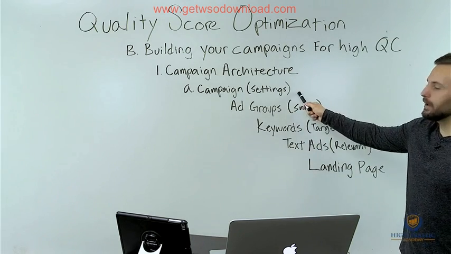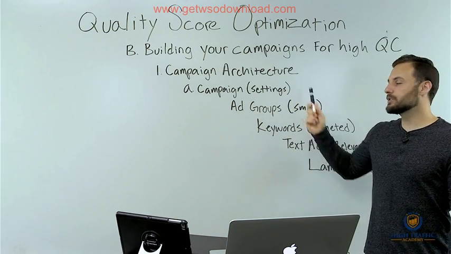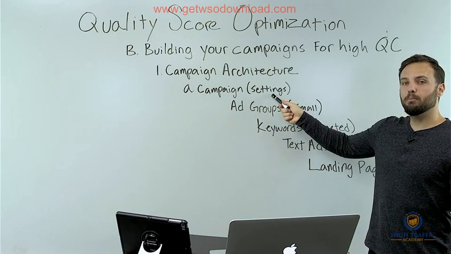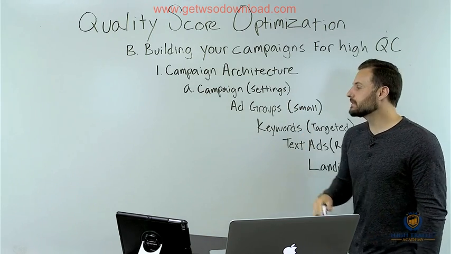So starting at the campaign level, the rule for building campaigns for high quality score is: ensure your campaign settings are appropriate for the campaign and its contents.